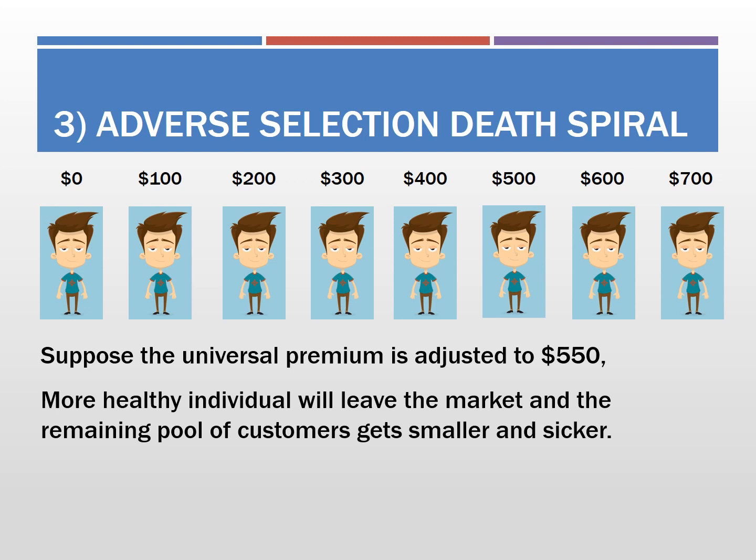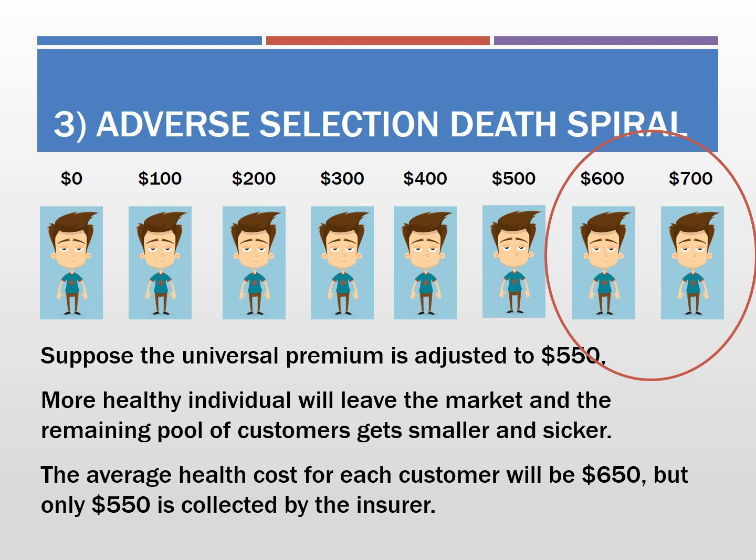Again, more healthy individuals will leave the market, and the pool of customers gets smaller and also sicker. In this case, the only people who will be buying this $550 premium coverage will be the last 2 individuals on the right hand side, who have healthcare costs on average of $600 and $700, where the people on the left hand side will all leave the market, because by paying out of pocket, they don't even have to pay that much compared to the premiums.